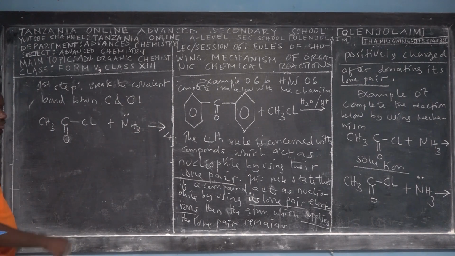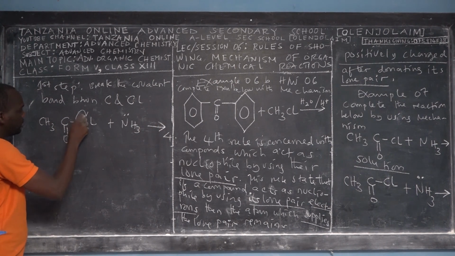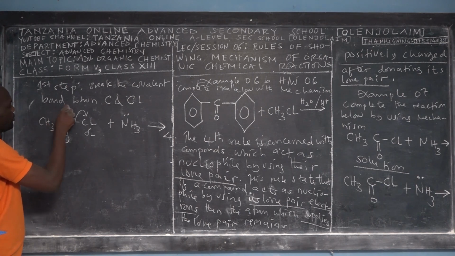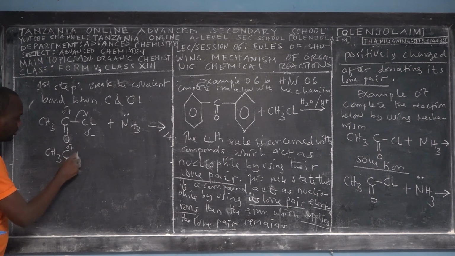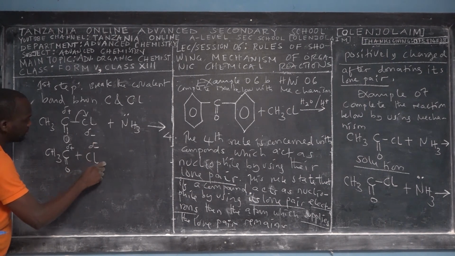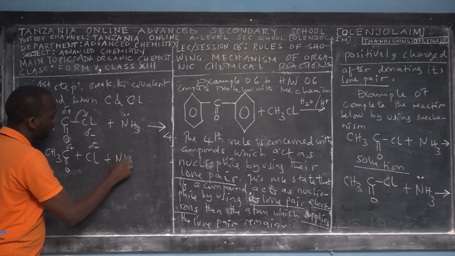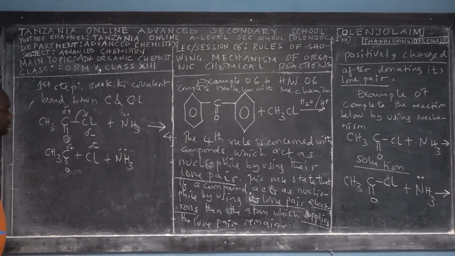So what happens here? The bond will break down like this. Partially negative, this is partially positive. So you have CH3, you have this bond with oxygen, this is partially positive, then you have chlorine, partially negative, then you have ammonia.